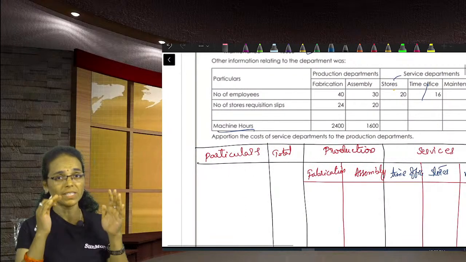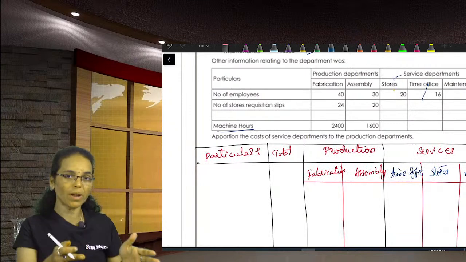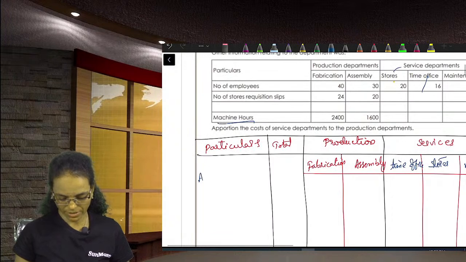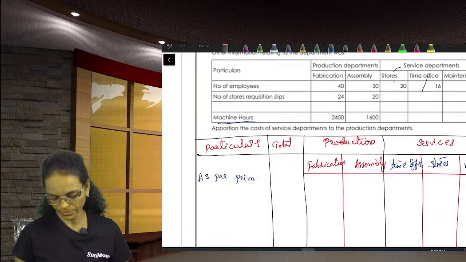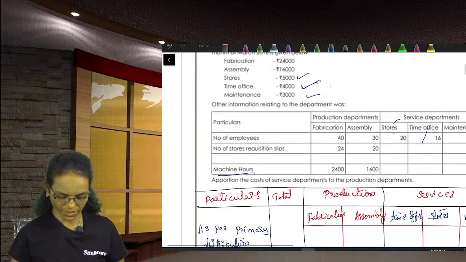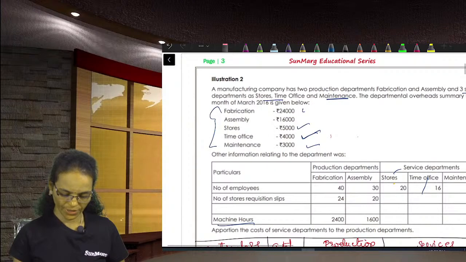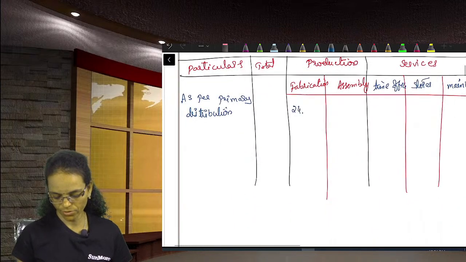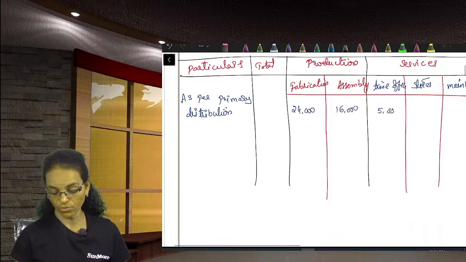The expenditure is already given for the respective departments, as we have calculated in the previous problem. So that is the cost as per primary distribution. As per primary distribution, we got these amounts: 24,000, 16,000 and 5,000.